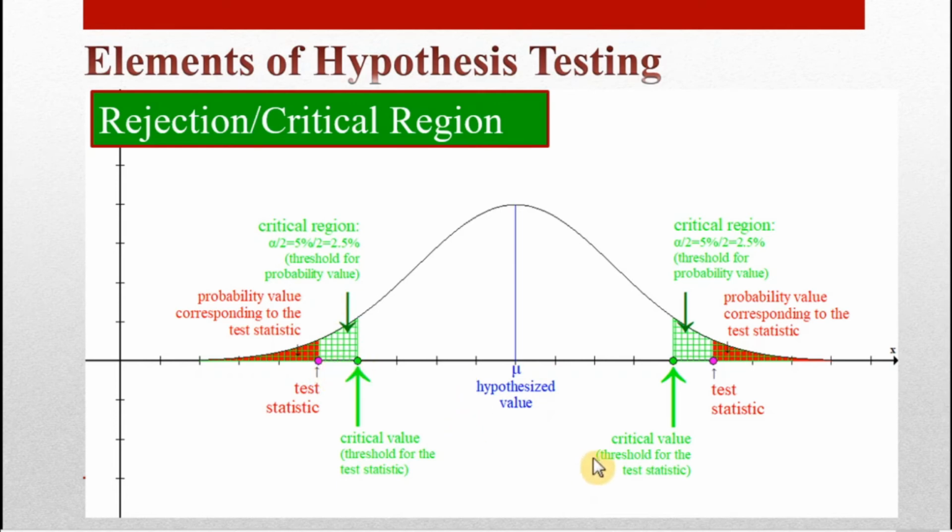In the ancient times, or before, when statistical software was not that developed, people used the test statistic and this critical value. They manually computed the test statistic and identified the critical value using a table. I'm going to show you an example of these tables where we can look up our corresponding critical value.